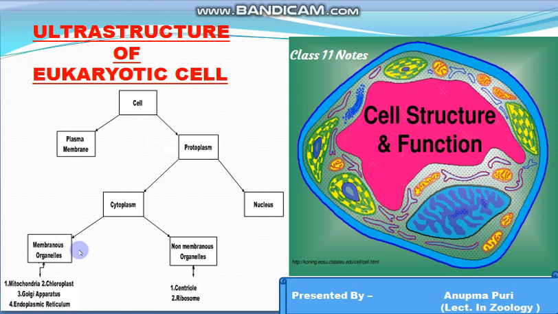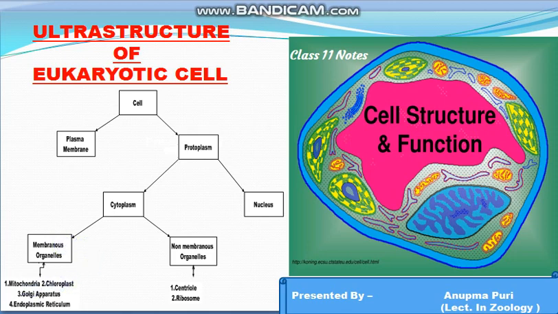The membranous organelles, meaning the organelles which are surrounded by membranes, are endoplasmic reticulum, chloroplast, mitochondria, and Golgi complex. And non-membranous organelles are just like centriole and ribosomes. So this is about the basic structure of the cell. We have to study these cell organelles one by one.